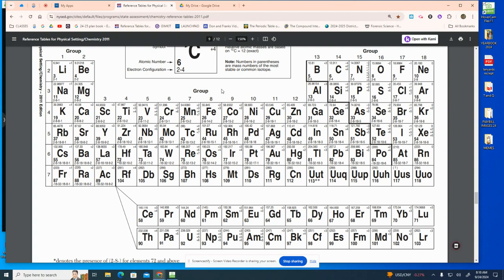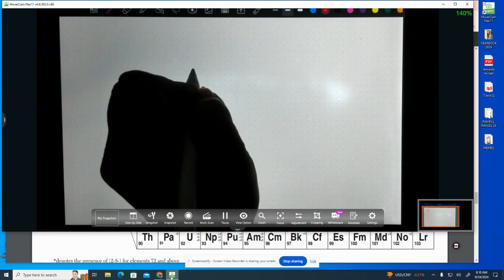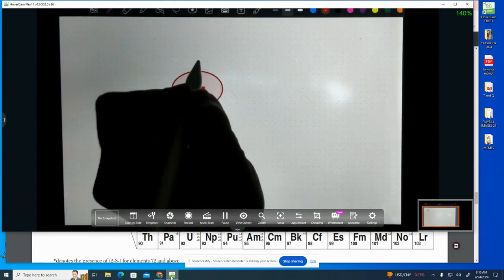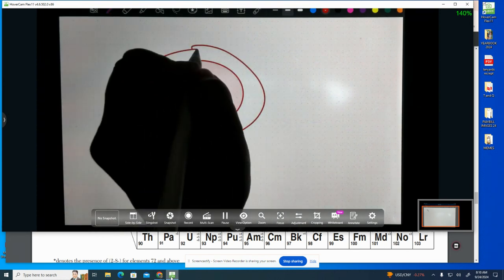And do you want to know why that is, or can you tell me why that is? If you think about beryllium, and it looks like this. Here's beryllium. I'm going to start drawing them like this because it's just easier. Be, you know how many protons are in there. There's 4 in there. Okay, and here's my 2 rings.